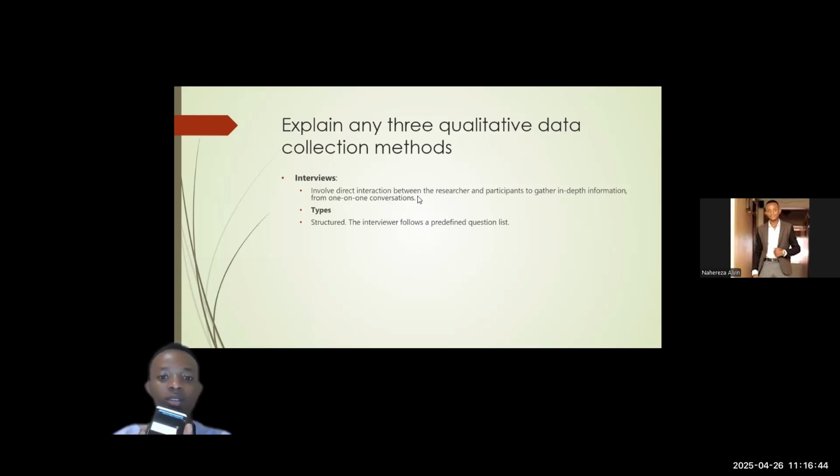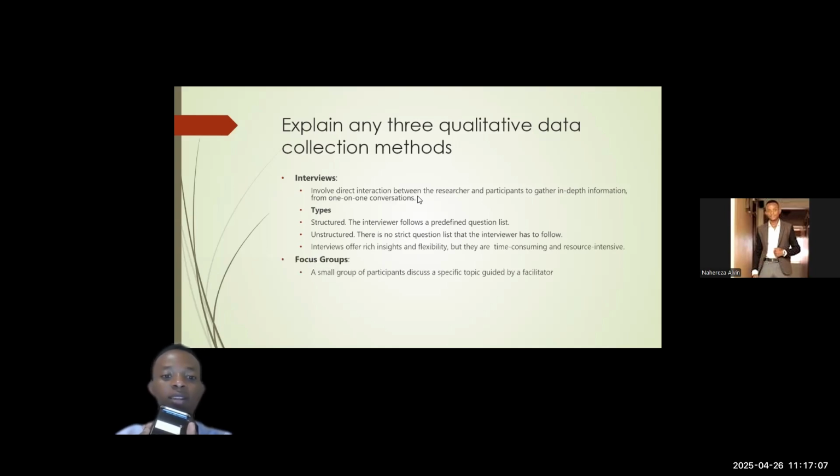The types are structured, where the interviewer follows a predefined list of questions while asking the interviewees, and unstructured, where there is no strict list the interviewer has to follow. These interviews offer rich insights and flexibility, but at the same time they are time consuming and also resource intensive. Next method is focus groups.